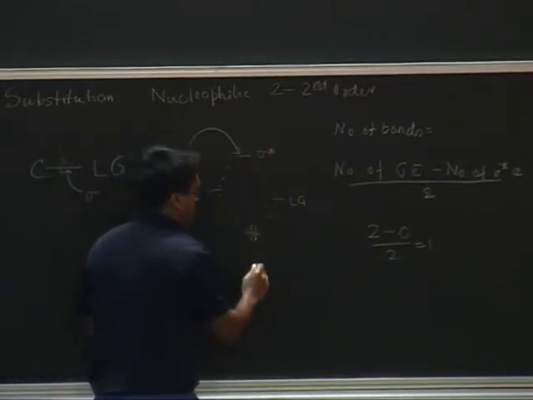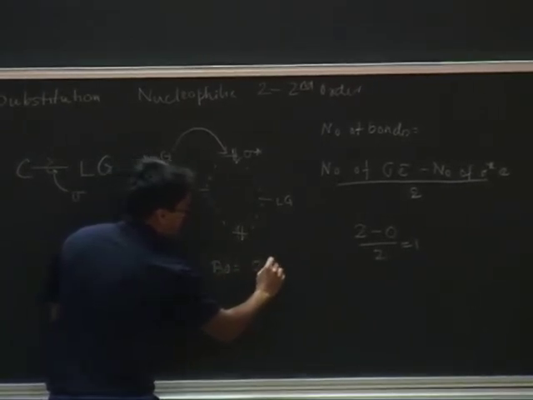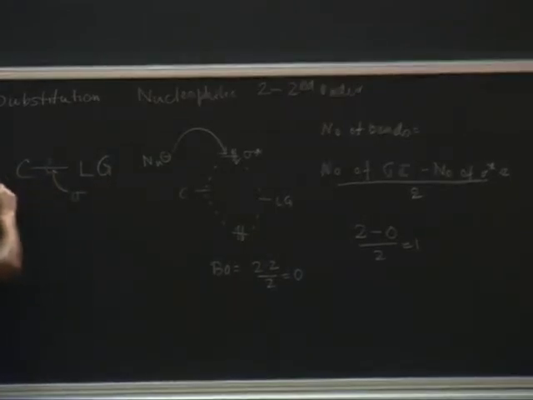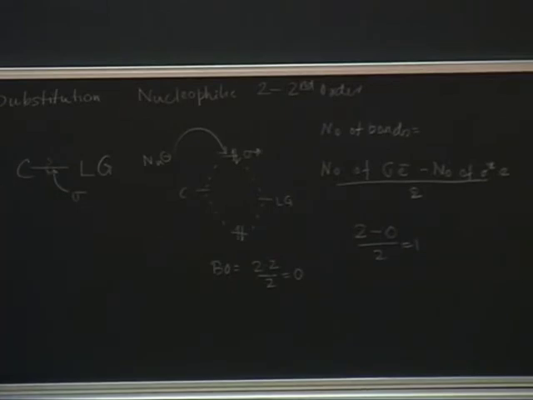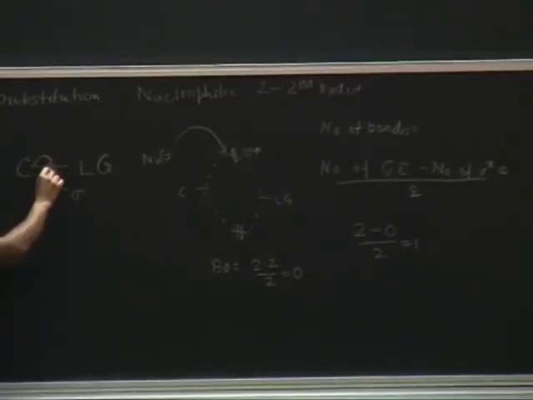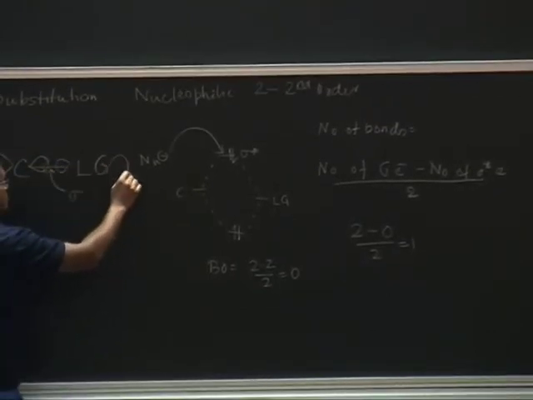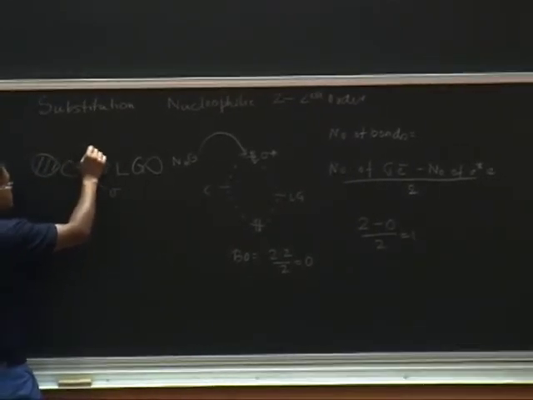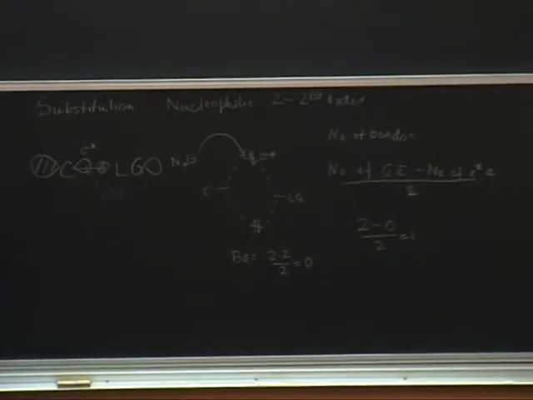If you put 2 electrons over here, that means now the bond order equals 2 minus 2 divided by 2 equals 0. That's why if the nucleophile puts electrons in the sigma star, the carbon-leaving group bond will break. So your nucleophile is putting electrons, and this was a question in one of your homeworks. That's a sigma star. Okay? So the nucleophile puts the electrons in the sigma star.